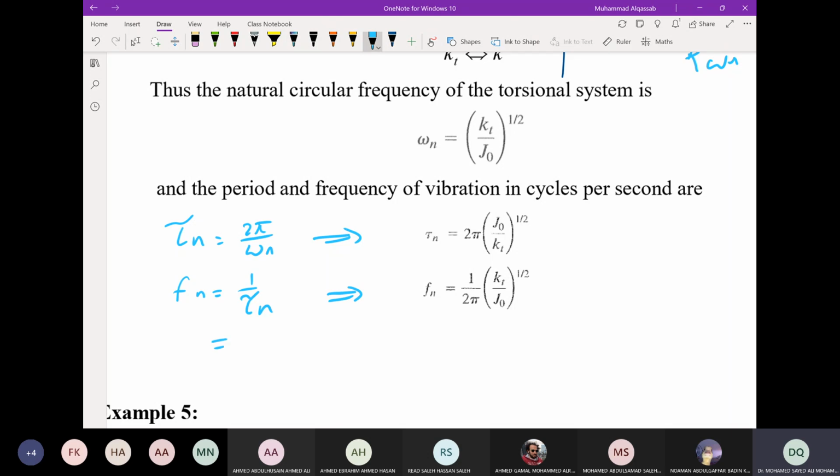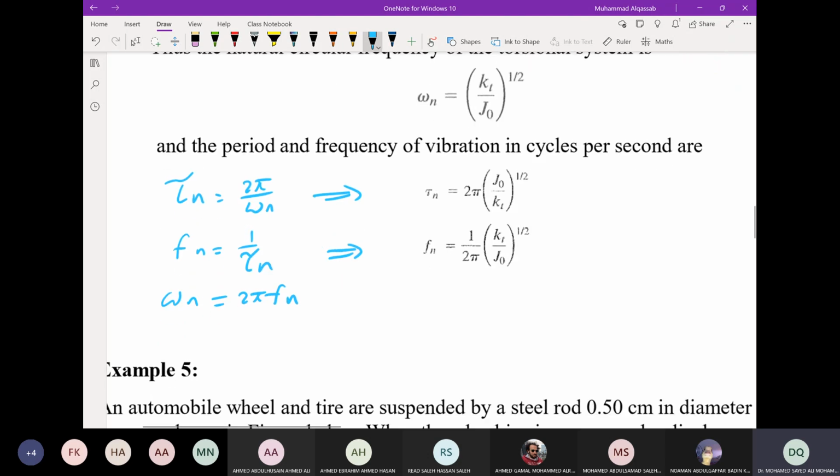Omega n is also equal to 2 pi f n as well. Okay, so those harmonic relationships we already obtained before are also applicable here.